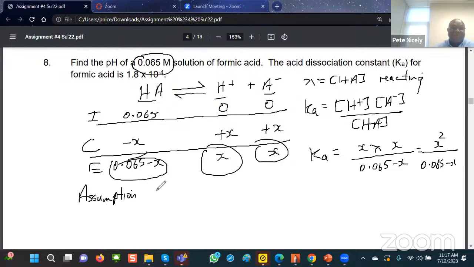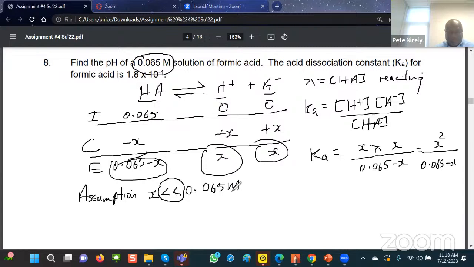Now, if HA is a weak acid, you'd expect that the value for x would be very small, especially when compared to the initial concentration of the weak acid, which is 0.065 M, right? Now, I don't know if you guys are familiar with this symbol from math. It looks like two less-than signs. What that means basically is that x is very, very small compared to 0.065, right?